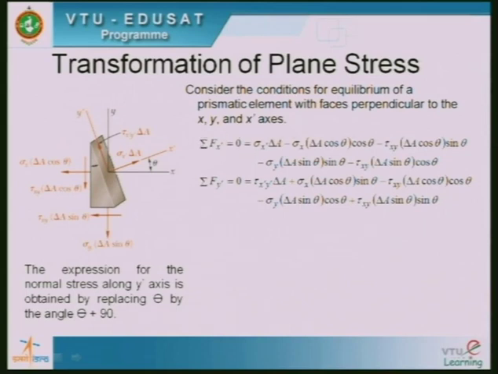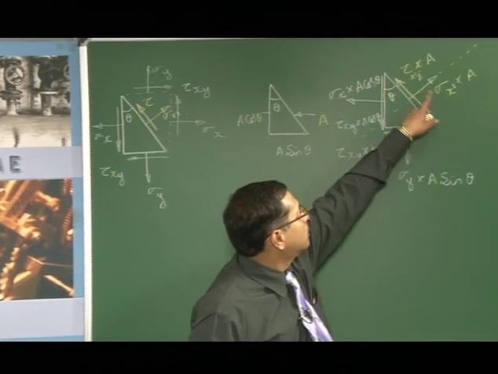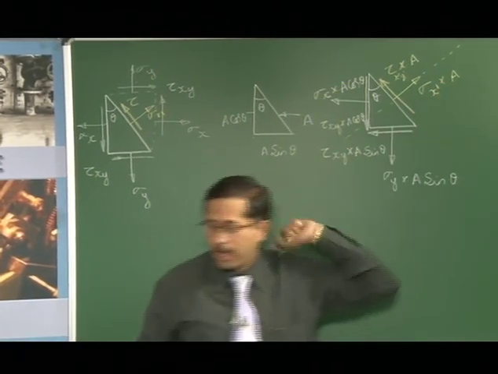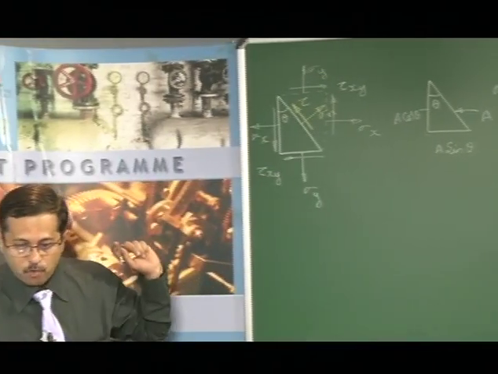In this, you can see all these forces are because of the sigma x that is acting, then tau xy, that is this one, then sigma y delta A sin theta, and then tau xy delta A sin theta. So, these are the components that we are going to get. Now, in addition to this, the stress that is acting here, that is sigma x dash into A, will also come as the force that is acting.